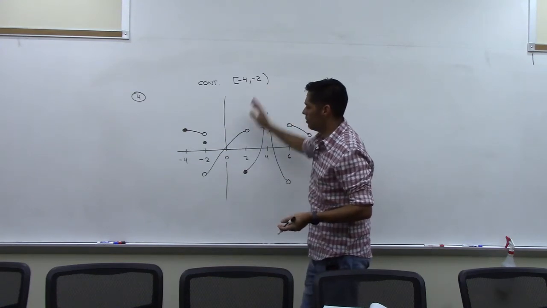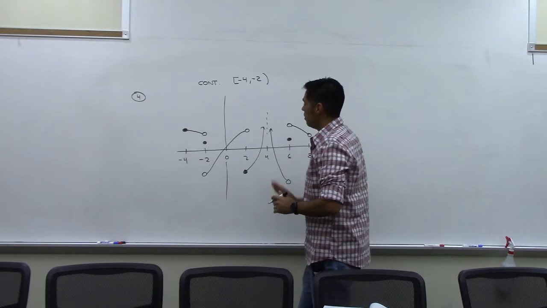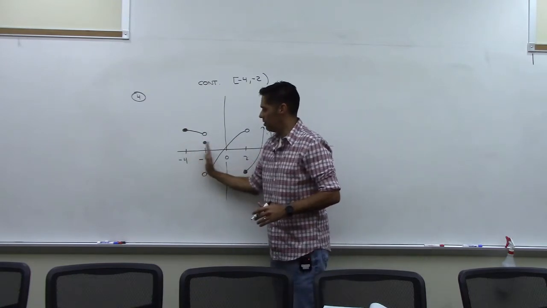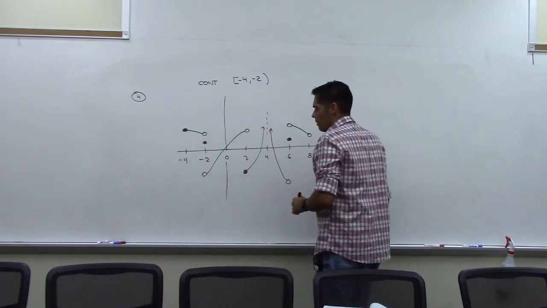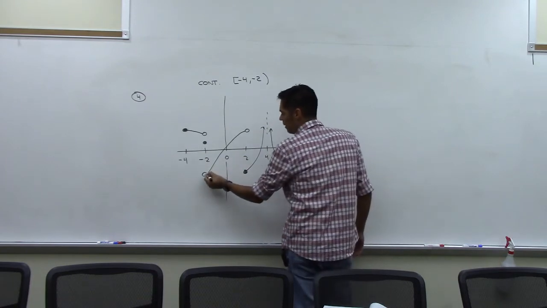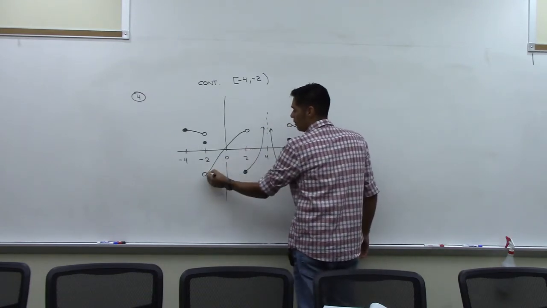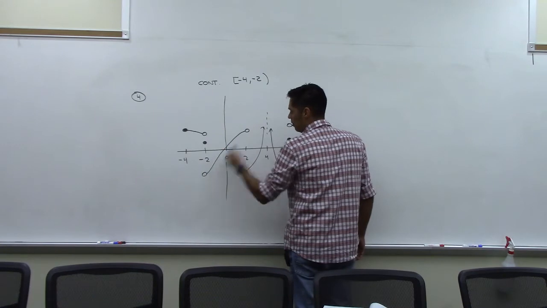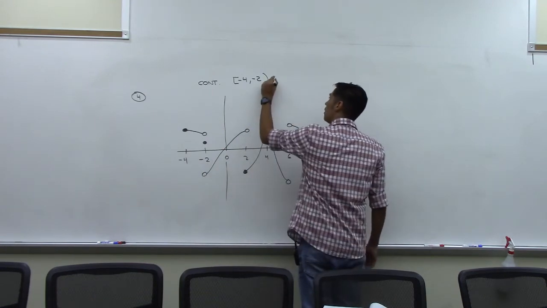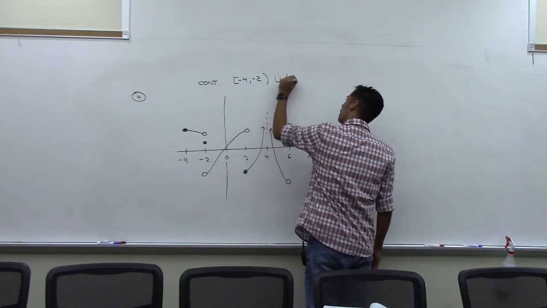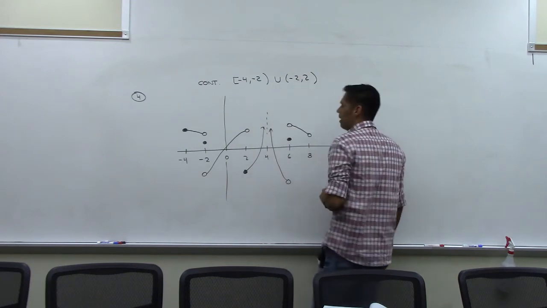Parentheses on the -2 because I can never actually get to -2. Those are the x values for which it's continuous. Then, from -2 to 2, I can draw in here, but I can never be -2, I can never be +2. So I'll say unioned with -2 to +2, like that.